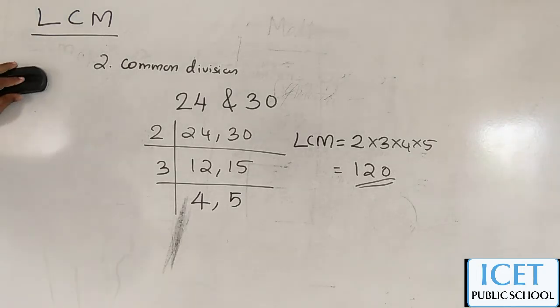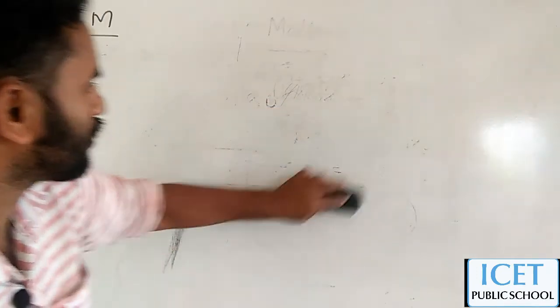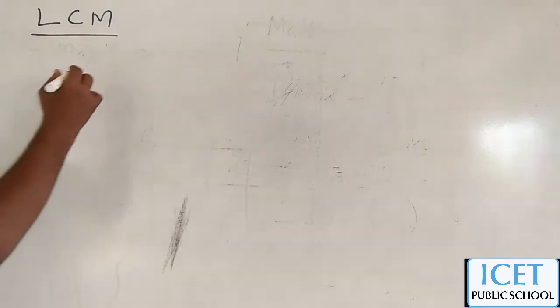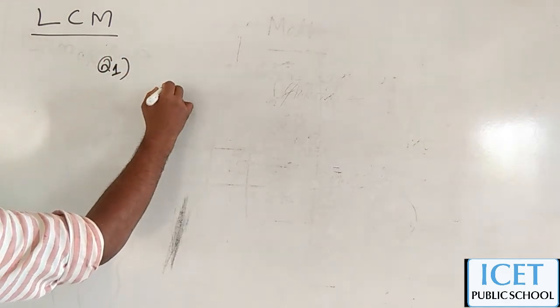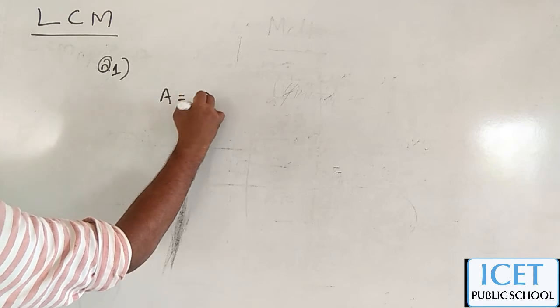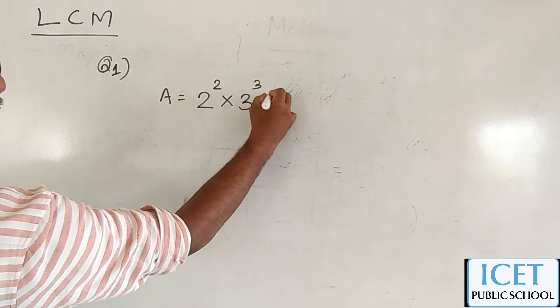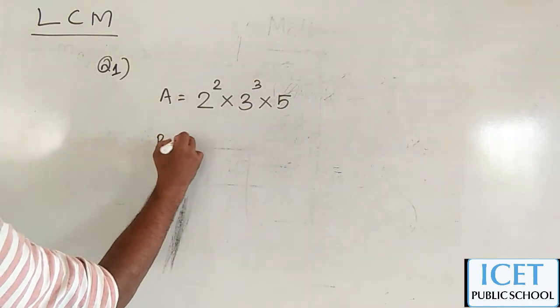Okay. Let me give 2 questions to you. You have to write the question. Find the LCM of given number. Question number 1. Find the LCM. Here A is equal to 2 square into 3 cube into 5. B is equal to 2 raised to 3 into 7 square.